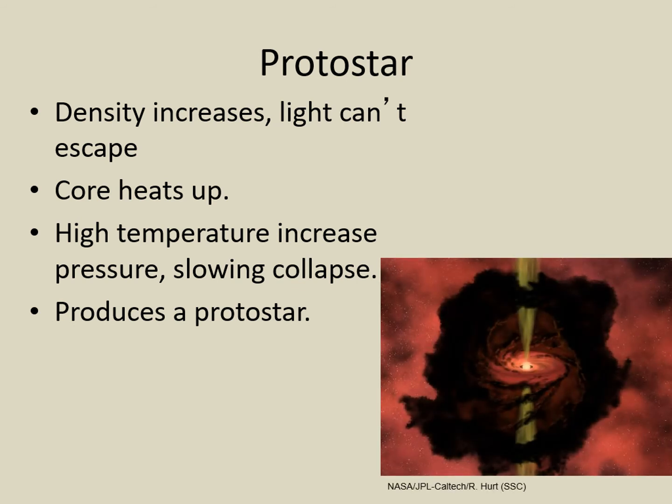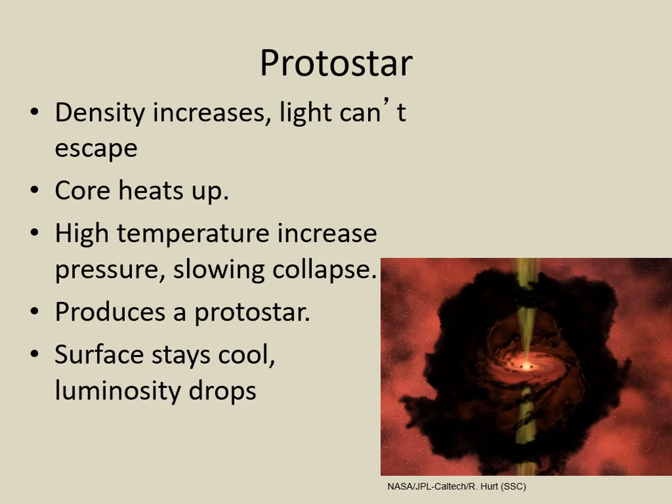Even though the core of the star heats up from a few thousand Kelvin to over 1,000,000 Kelvin, the surface stays much cooler, since heat can't escape from the interior as easily. Remember that luminosity depends on temperature and surface area. If the star is contracting, then the surface area is going down.